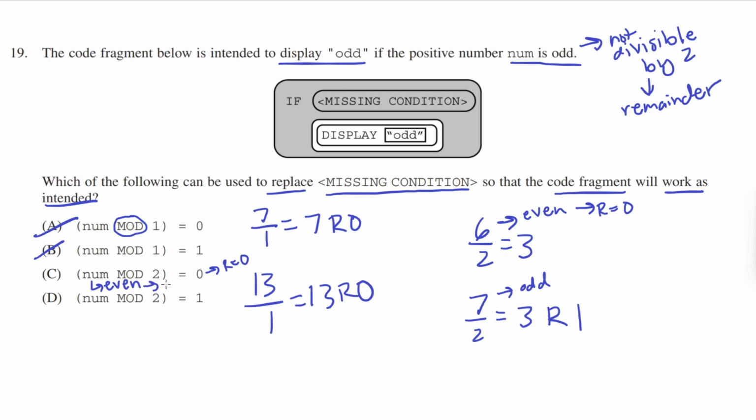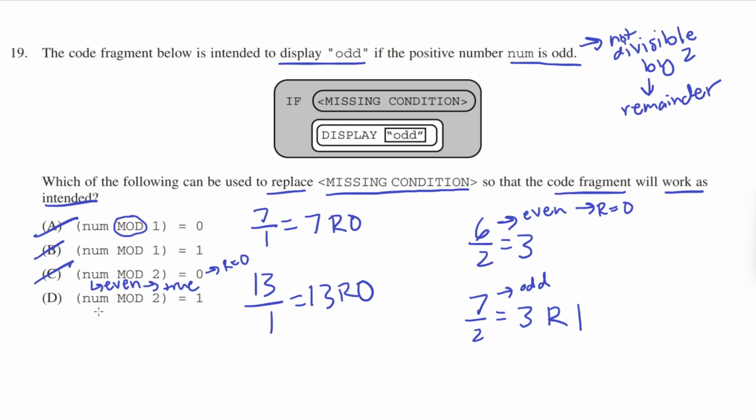Then this returns true, which allows the display odd to run. This is the opposite of what we wanted. We didn't want display odd to run when the number is even. We only wanted it to run when it's odd, meaning when num modulus 2 has a non-zero remainder, because if it had a zero remainder, then the number is even. So C cannot be correct.